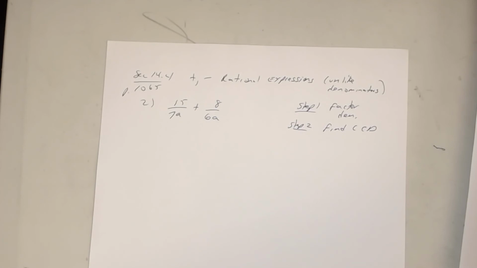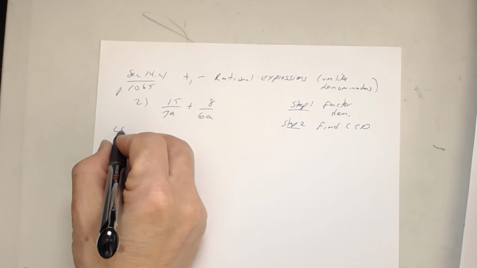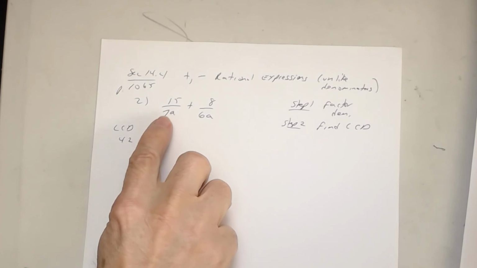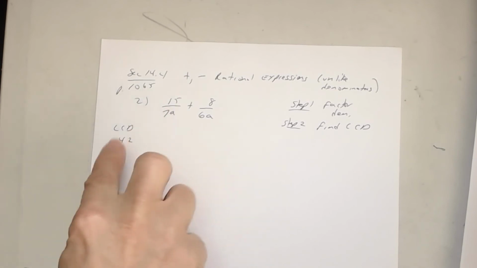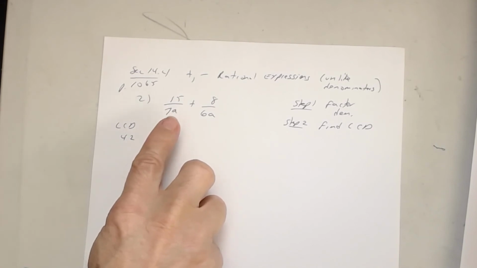What's the smallest number that 7 and 6 go into? 42. So far my LCD here is 42. Now remember how we talked about this in the last section. So always check yourself. My first factor I see is 7. Does 7 go into 42? Yes. The next factor I see is a.